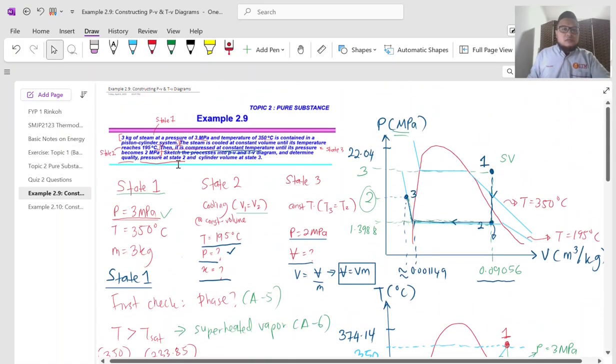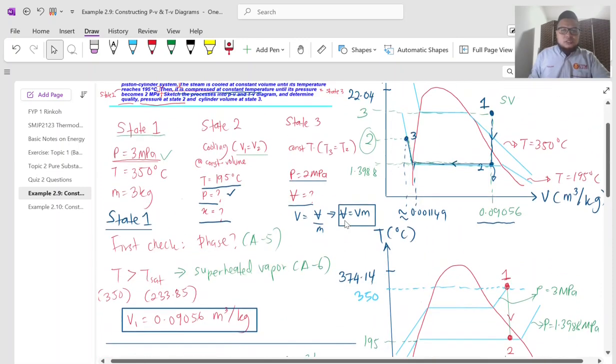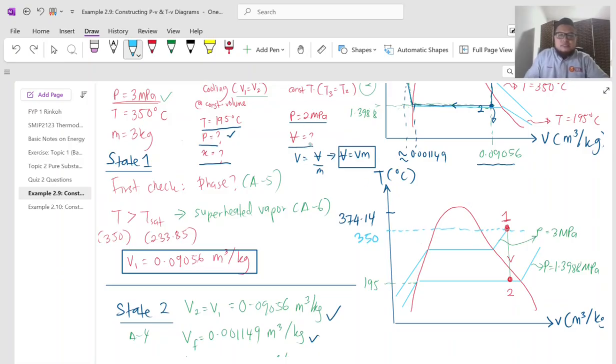Then at state 3, we have constant temperature, and the pressure is 2 megapascals. You know that 2 megapascals is in between 3 megapascals and 1.3988 megapascals, so you can guess that there is another isobar in between these two that goes like that, which represents 2 megapascals of constant pressure.